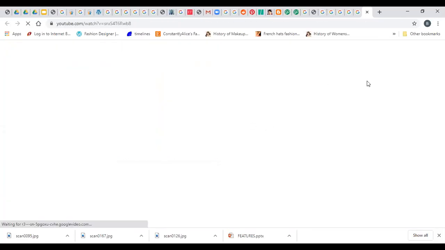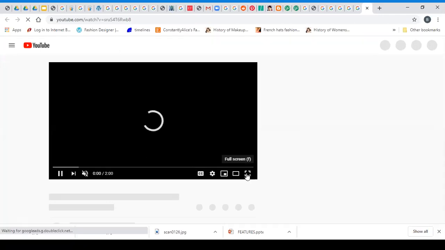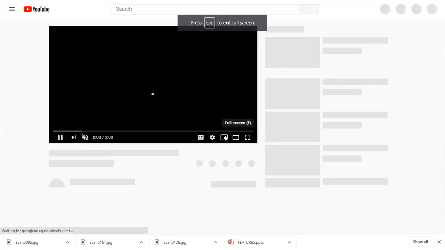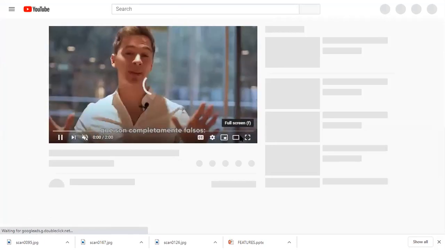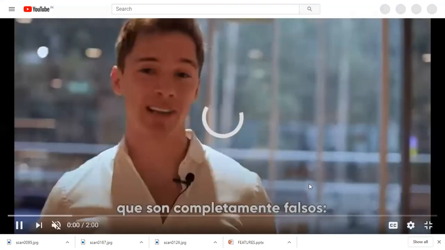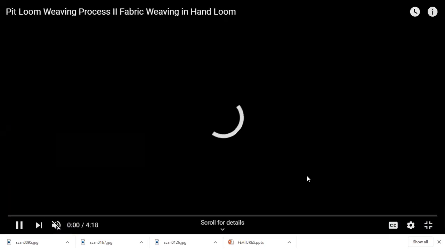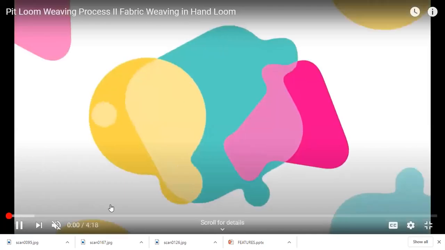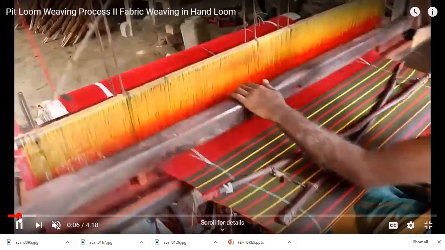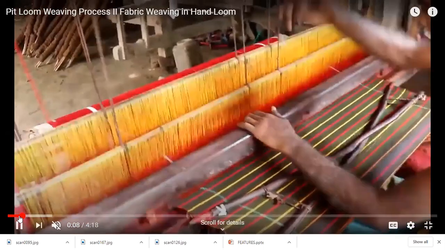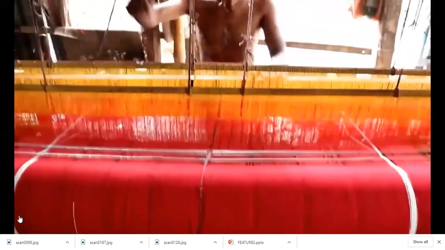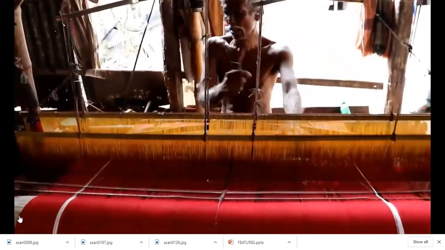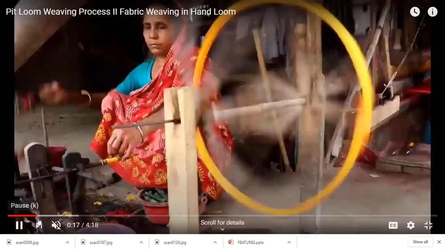Certain numbers of warp will go up and certain numbers of warp will go down, and in between the weft is put over there, and then you have a compactor. So we have 4 actions. One is attaching the warp to the loom, preparation of weft.